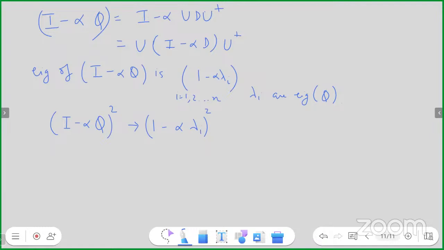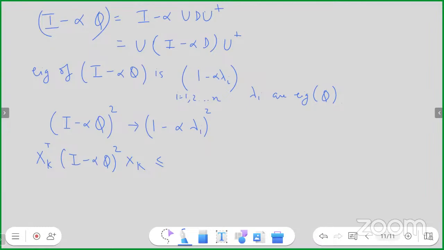Okay, so what did we want? We really wanted to say something about x_k transpose (I minus alpha Q) whole squared x_k being less than something. What is that something? The maximum. Now the maximum is with respect to lambda max or lambda min? That's the interesting question. We are taking the maximum eigenvalue of I minus alpha Q squared.